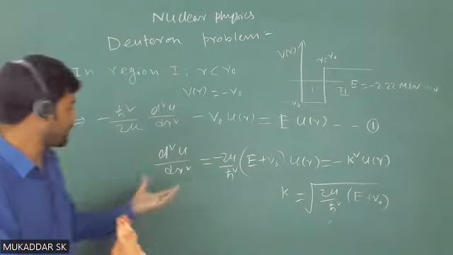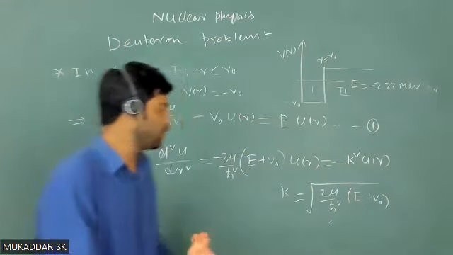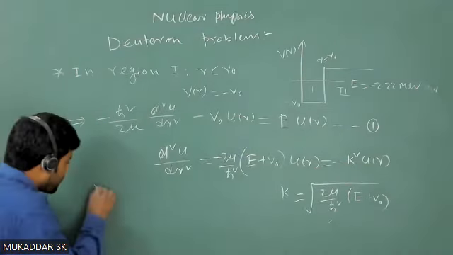So you have a differential equation like del square u equals minus k square u of r. So what is the solution of this equation?